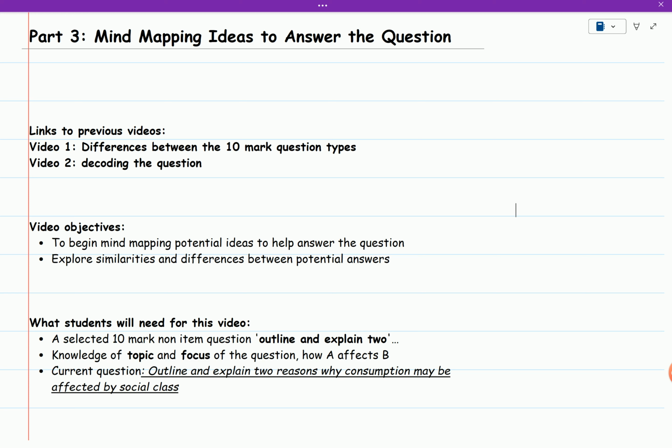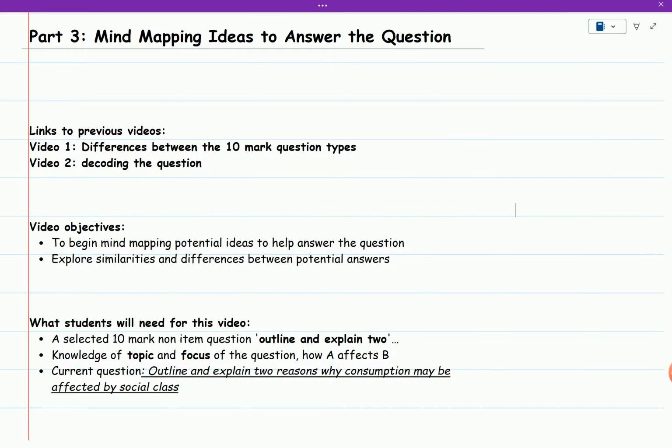And then afterwards, we need to look at exploring the similarities and differences between potential answers. I'll explain this in more detail later on, but essentially, when we mind map ideas, sometimes there'll be answers that we put down that will be very unique and will stand out amongst the rest.